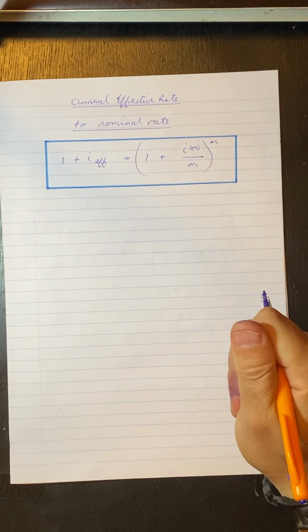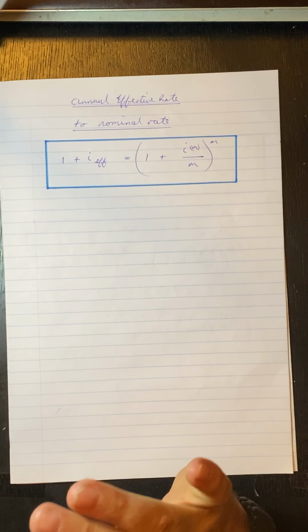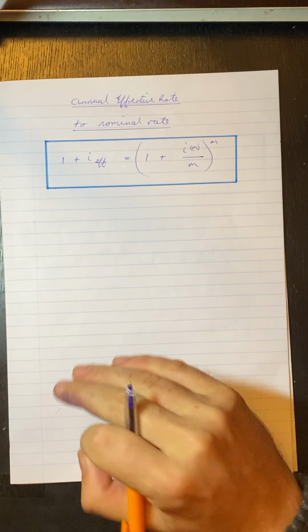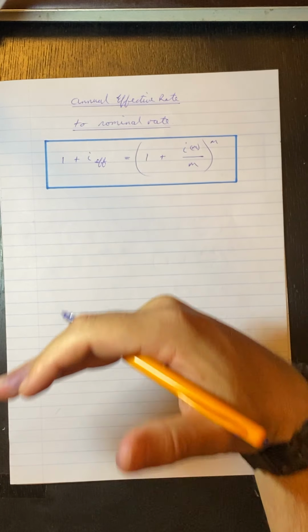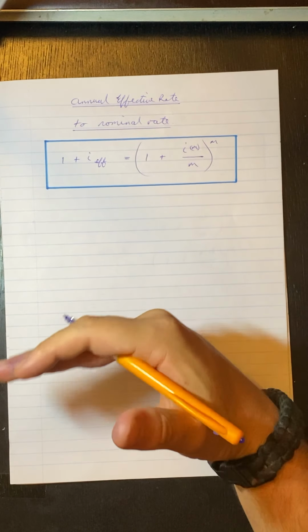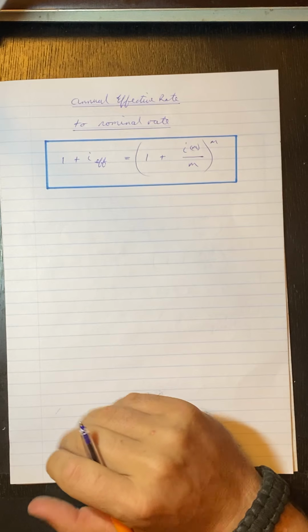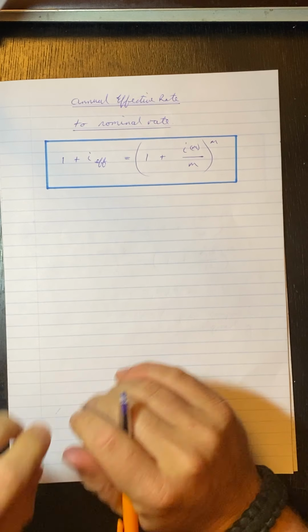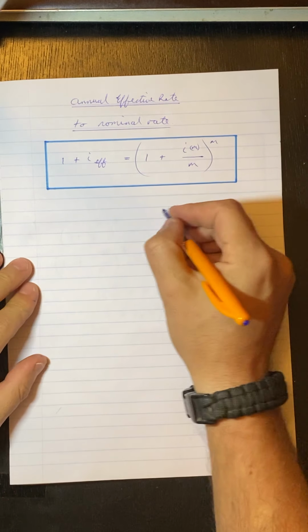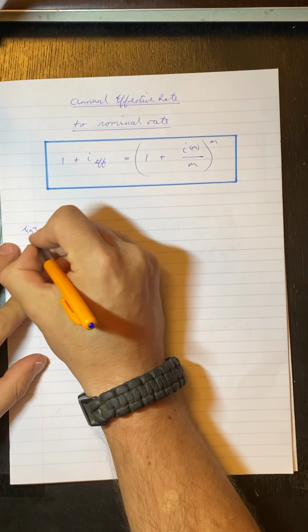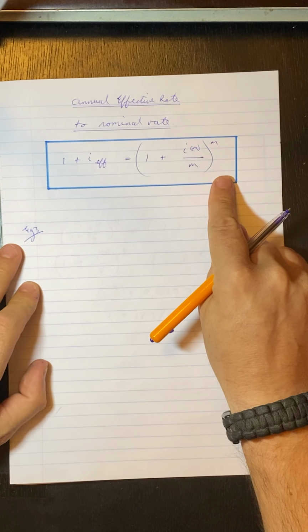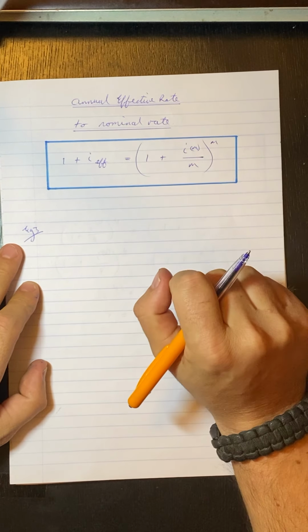That is your nominal rate. Your effective rate is the interest that actually does the work on your investment or on the loan, okay? And we can convert between the two. So for example, EG3. Now this formula again is not given to you. You need to know it, all right?